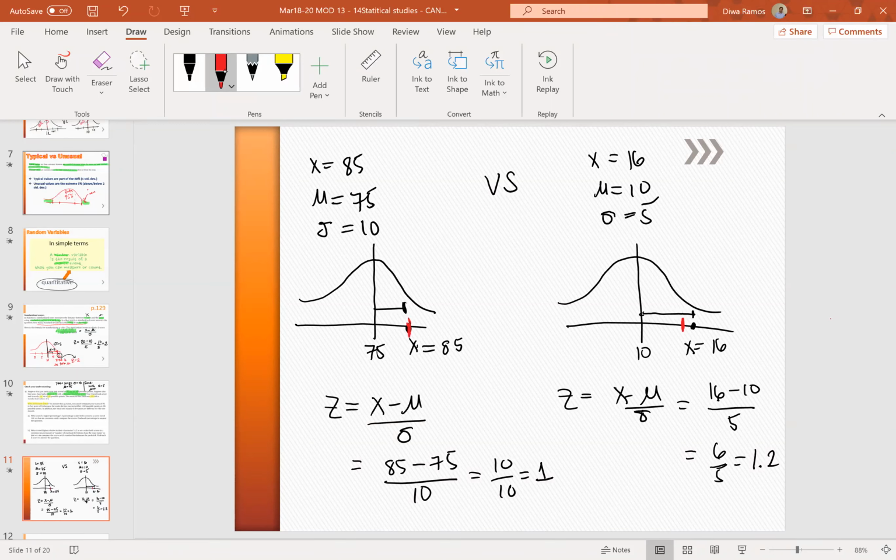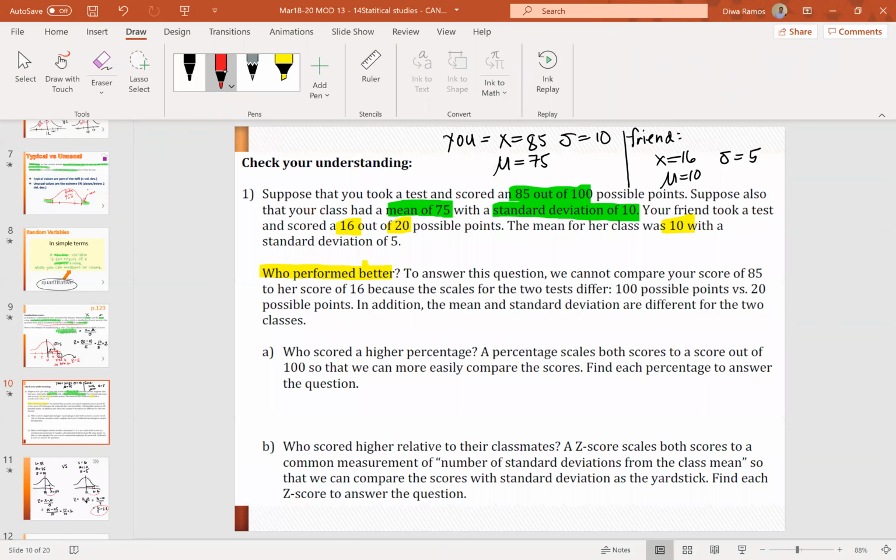So even though it's only 6 points apart and this is 10 points apart, standardizing them will help us be more objective in comparing them, because this is further away from the center. This performance is a lot better. So your friend actually performed better.